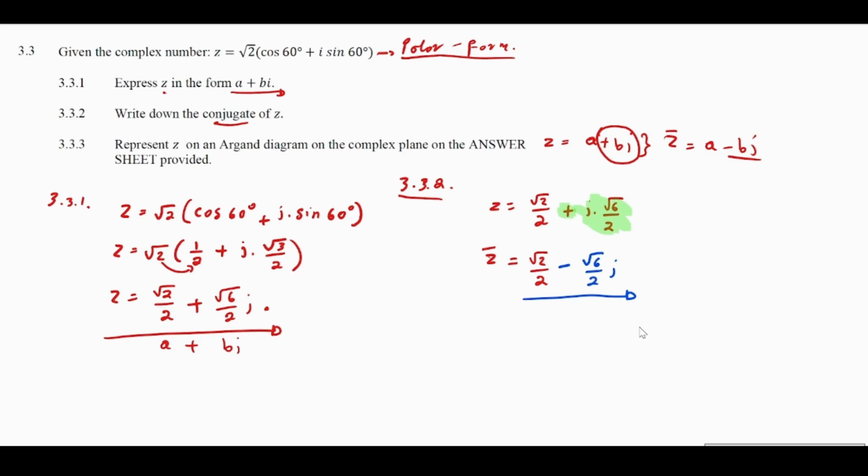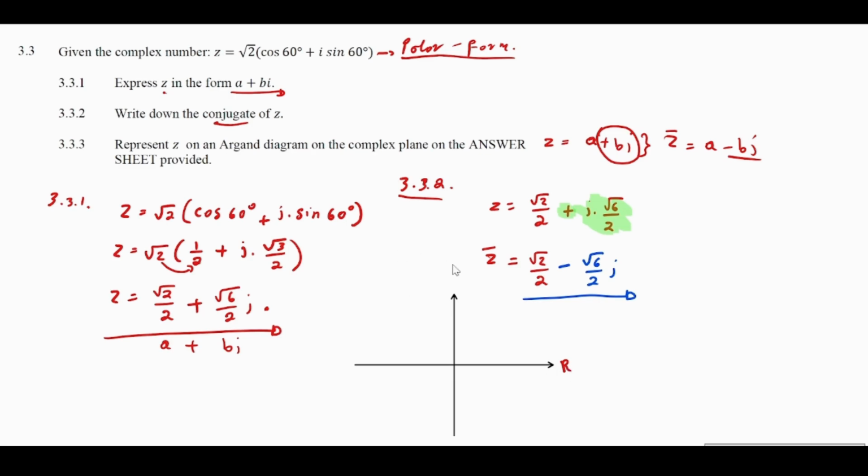3.3.3. Okay, they say represent z on an Argand diagram on the answer sheet. The answer sheet was provided to you, but what I'm going to do here is draw my own Cartesian plane, where I'm going to have the real part and the imaginary part.